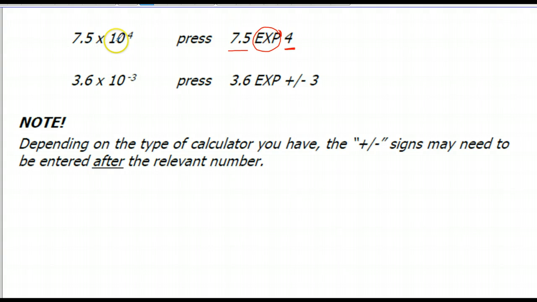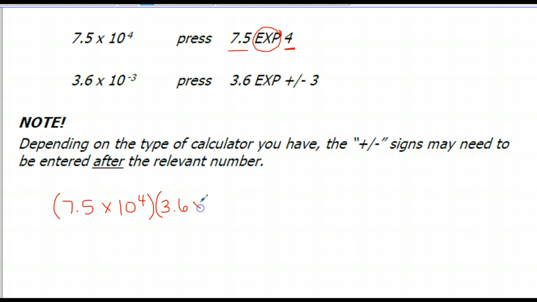What I'm going to have you do is enter each of these in and multiply them together. So tell me, or at least practice with your calculator to make sure you can get this answer. 7.5 times 10 to the 4, this is definitely something you're going to need to do throughout the course, so you might as well get used to how your calculator works for you.